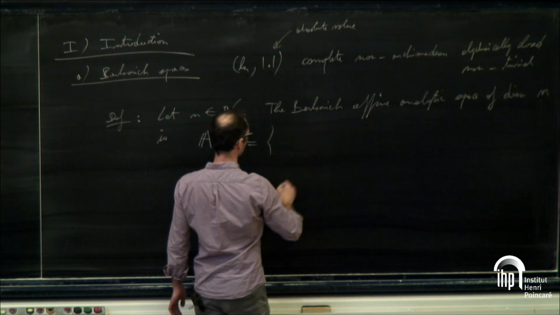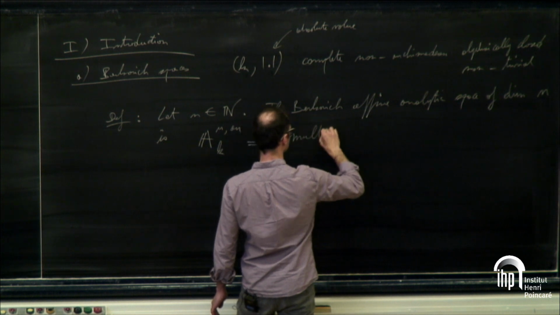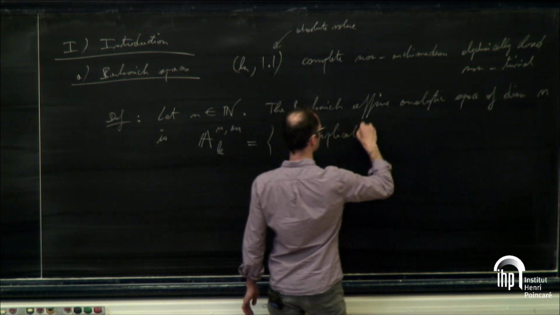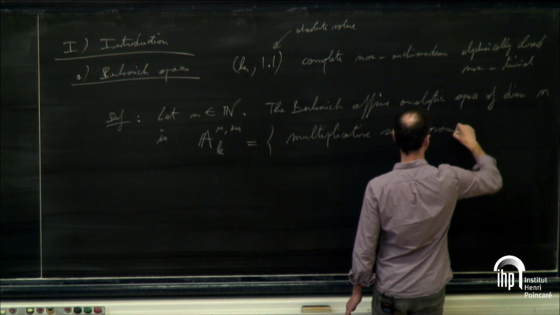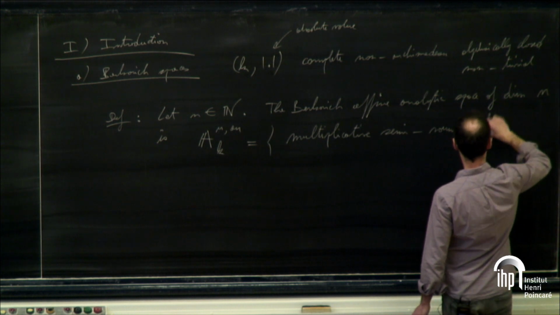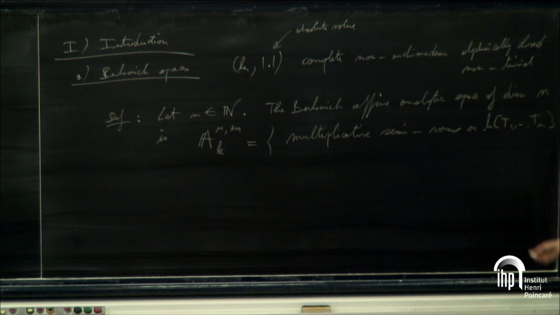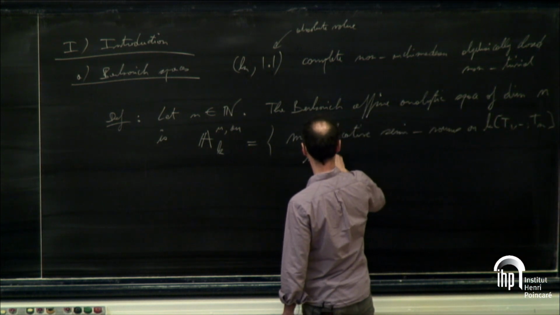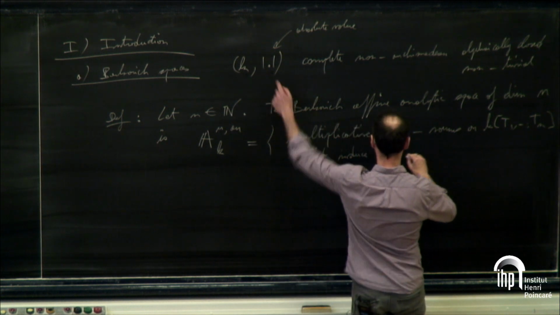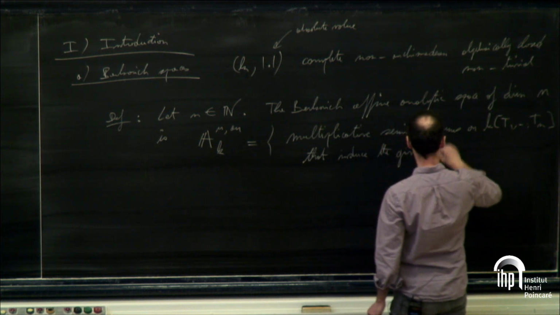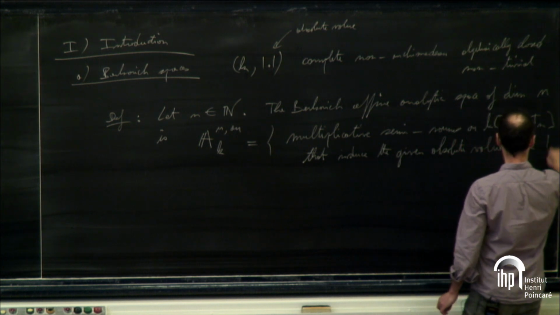As a set, it's a set of multiplicative seminorms on the ring of polynomials over k in n variables that induce the given absolute value, the one I started with, on my base field k.